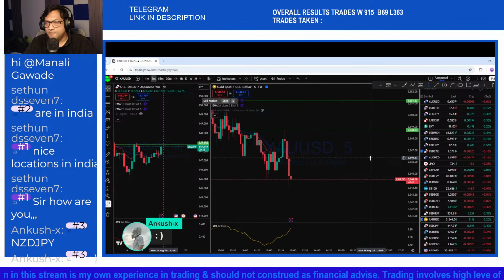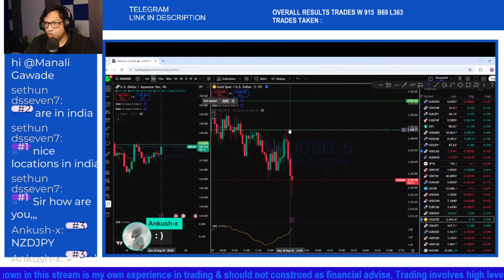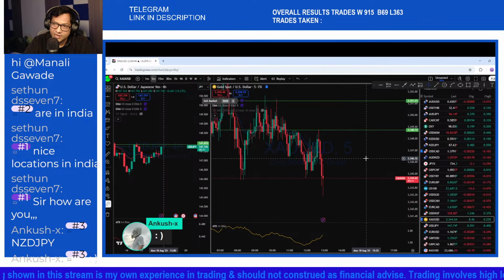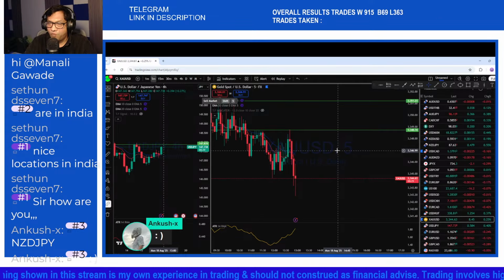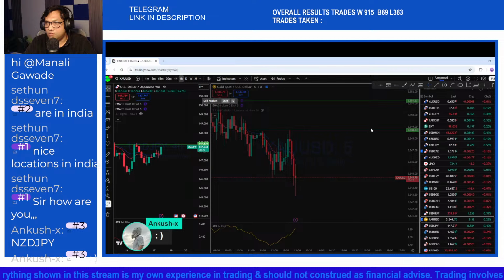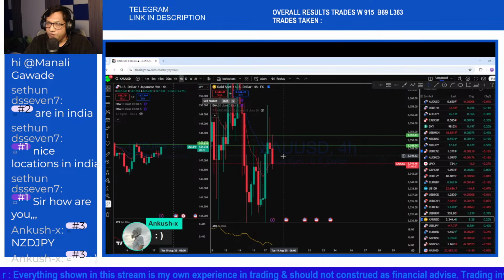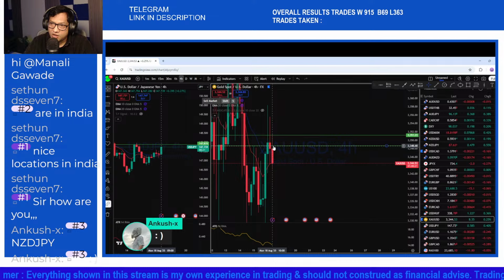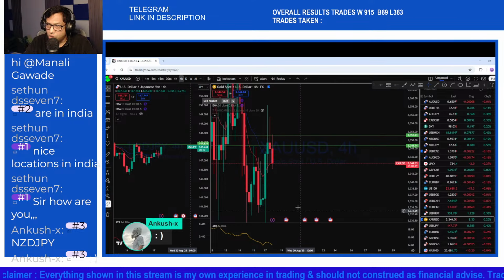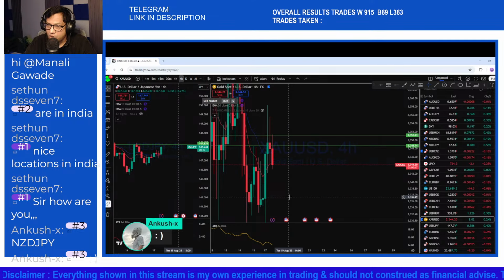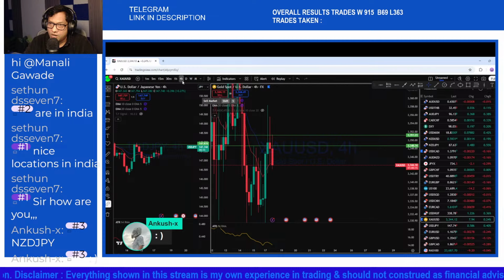What we need here is to break that newly created level again, which is the 4 hour resistance line. If the market goes back again for another retest, highly likely we could see this market trend back down in the direction of the trend.